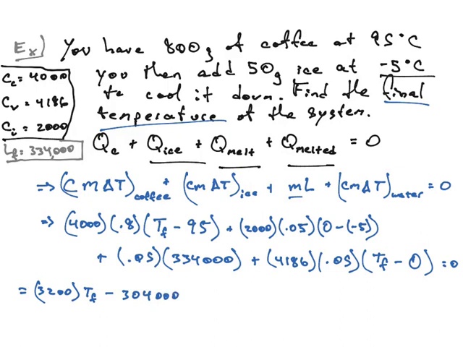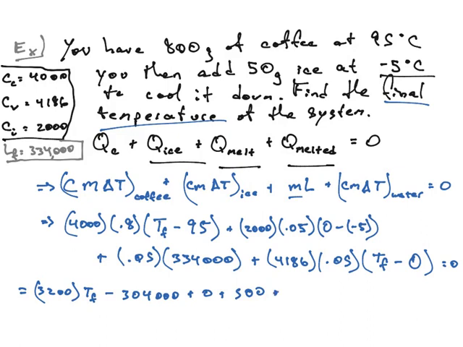Next, 2,000 times 0.05 times 0, that's 0. Minus, or minus is now plus, 2,000 times 0.05 times 5 is 500.